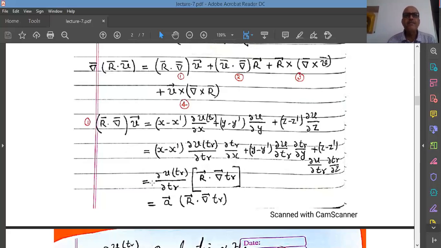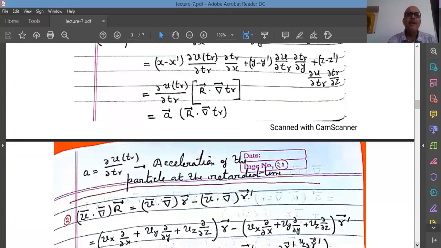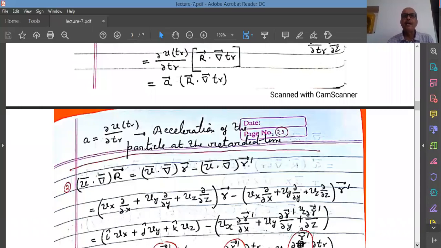Therefore the first term becomes the acceleration vector a, with R dot gradient of t_r inside the bracket. So this is the value of the first term appearing here. Here a, which is del v at t_r divided by del t_r, is the acceleration of the particle at the retarded time.